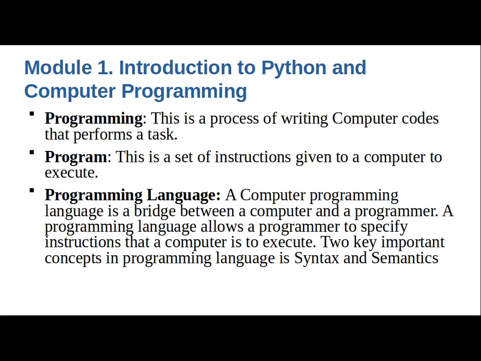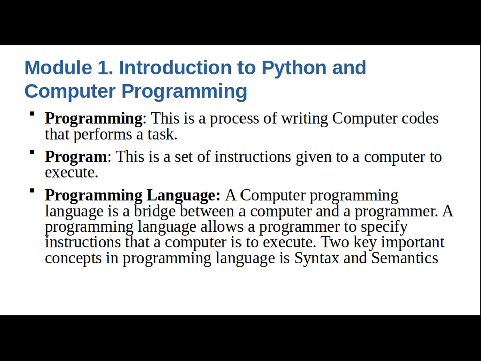Programming is simply the process of writing computer code that performs a task. After this is done, it usually leads to what we call an end product, and this end product is the program. For example, take Microsoft Office Word, a word processing application.